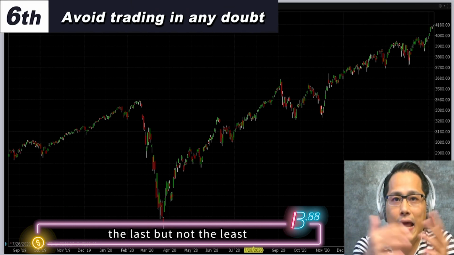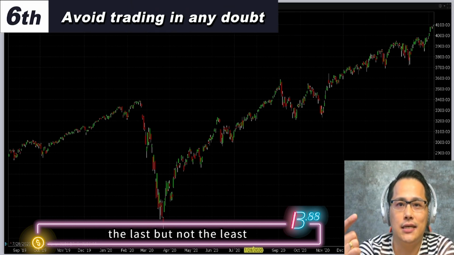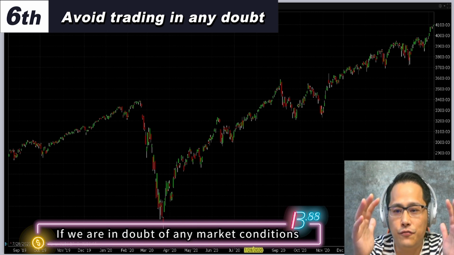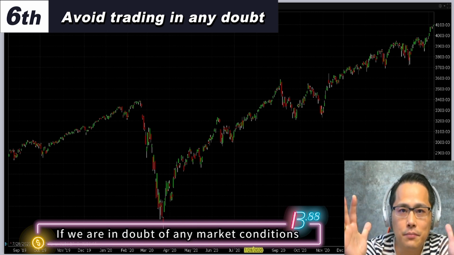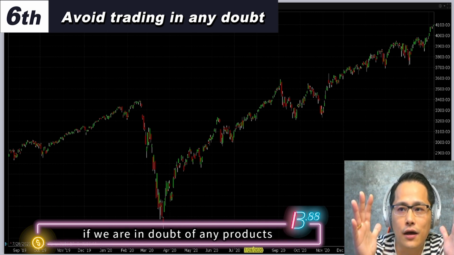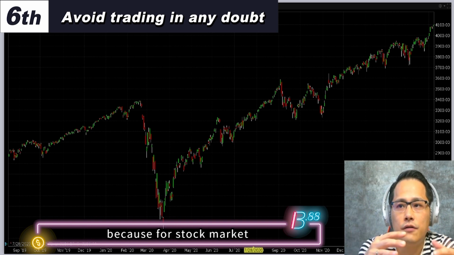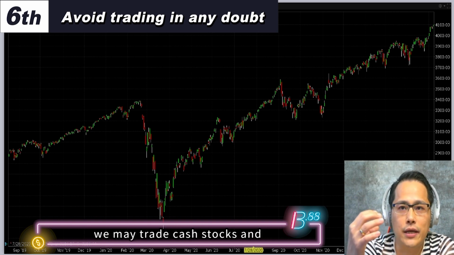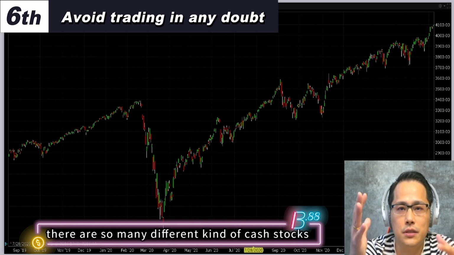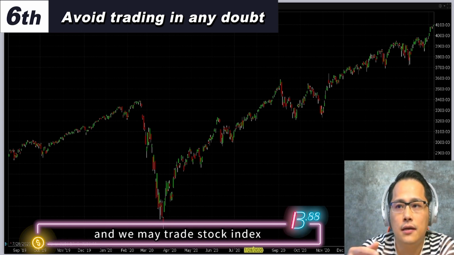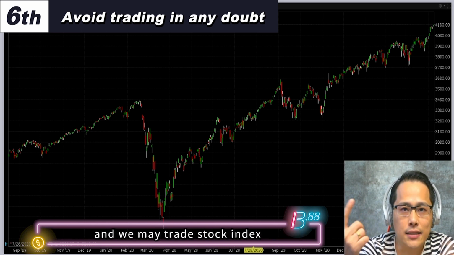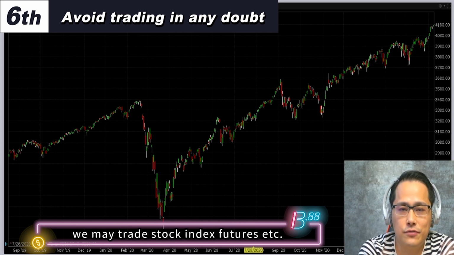The sixth one, last but not least, is that if we're in doubt of any market condition or any product, we just stop trading. For the stock market, we may trade cash stocks, and there are so many different kinds, or we may trade a stock index or stock index futures.